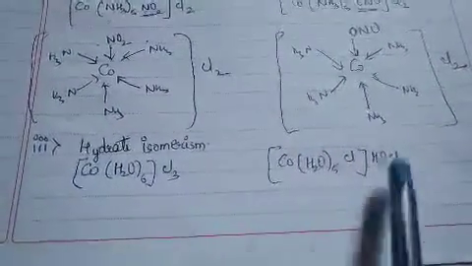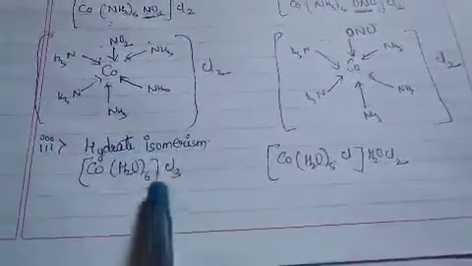[Co(H2O)6]Cl3 and [Co(H2O)5Cl]Cl2·H2O. You can just notice that both the complexes have the same molecular formula, but they differ in the number of water molecules which are acting as the ligands.